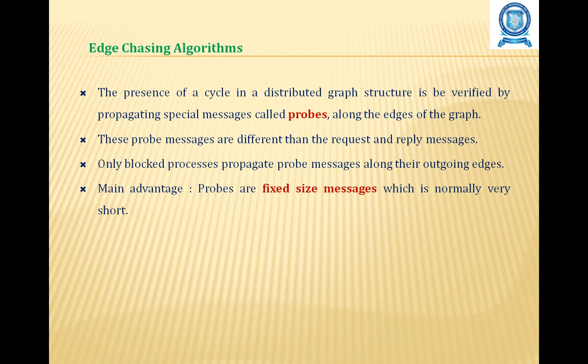Whenever a process that is executing receives a probe message, it discards this message and continues. Only blocked processes propagate probe messages along their outgoing edges. The main advantage of this algorithm is that probes are fixed size messages which are normally very short.